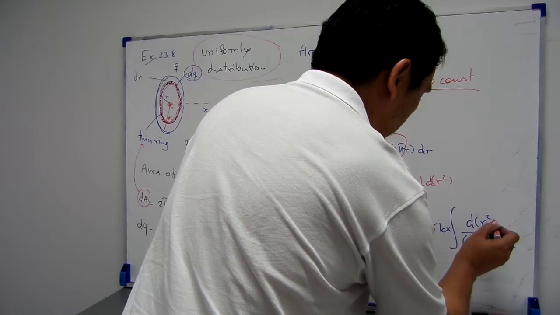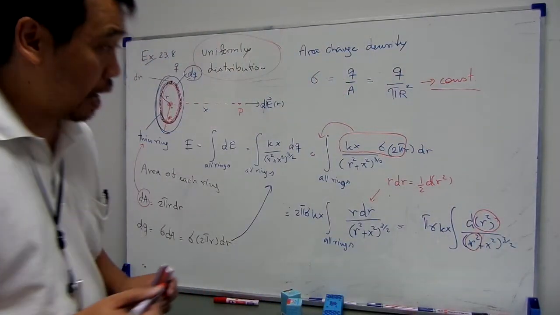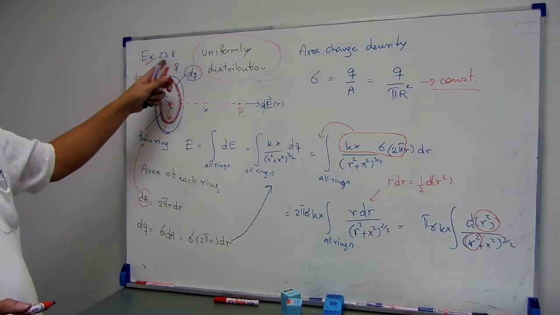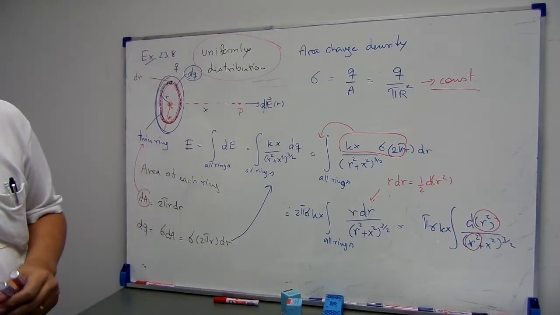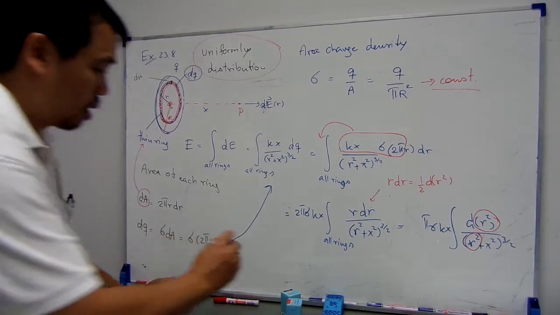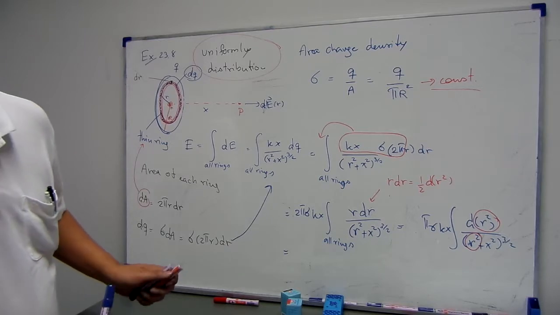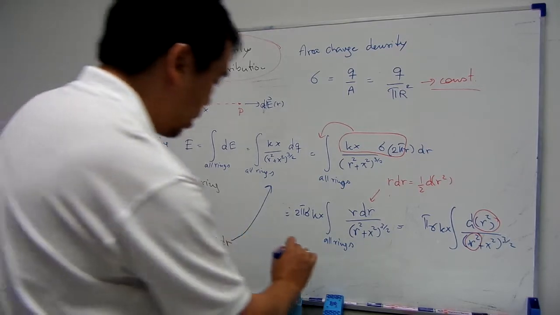I will not do the detailed calculation here. You can follow example 23.8 in the book. To get the final solution, E is equal to 2 pi k sigma.